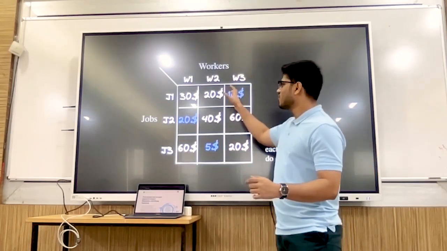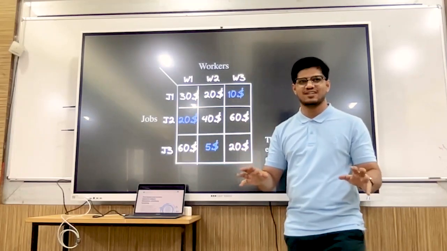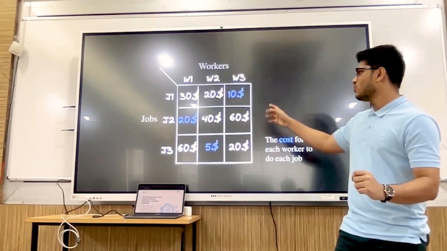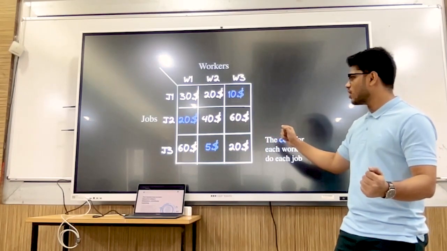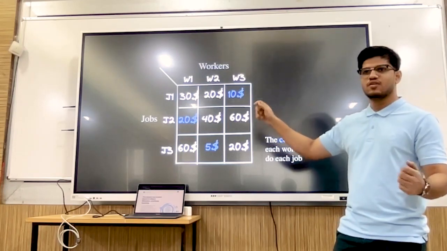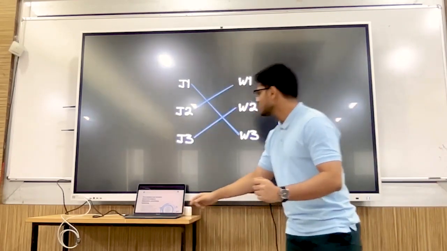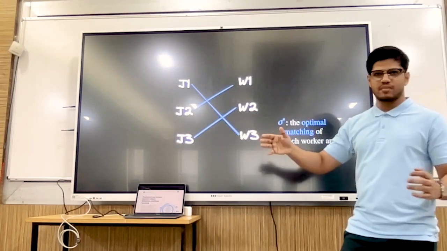So give those jobs to those workers that will cost you the least, right? And that's what we have done in this slide, where we have highlighted those jobs that will cost you the least for those corresponding workers. And pictorially, this is what is happening. Workers are getting matched with jobs.